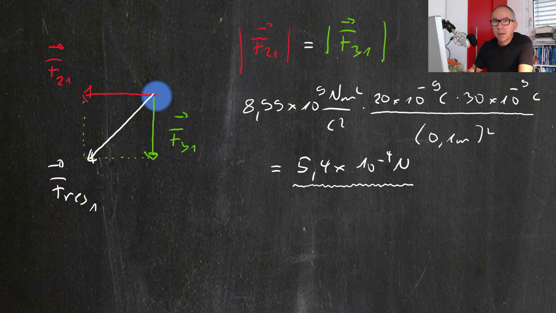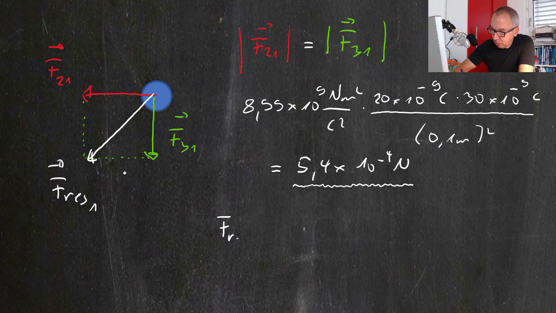What is then the resultant force? When we have here two vectors that are equal and therefore a square, then we know the length of the diagonal is square root of 2 longer than a side.